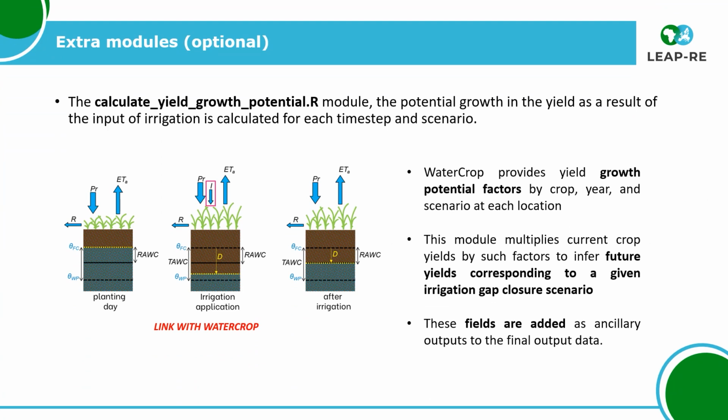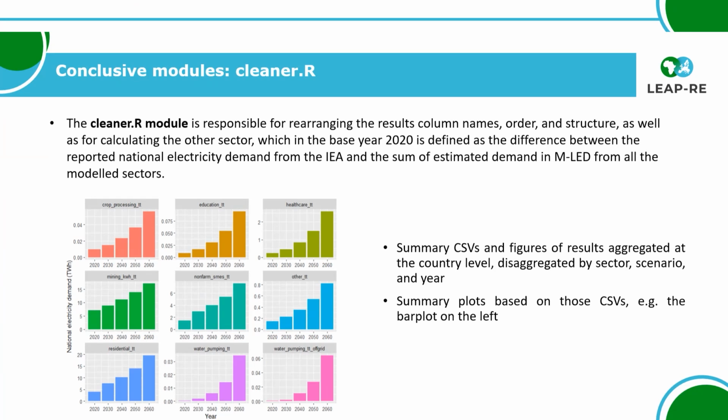Some additional modules that are also optional, so not necessary in the strict sense to run the model, include the calculated growth potential that, based on the water growth outputs, calculates how much the future yields could change in response to irrigation, so how the production of agricultural products could improve locally thanks to a given change in irrigation intensity.